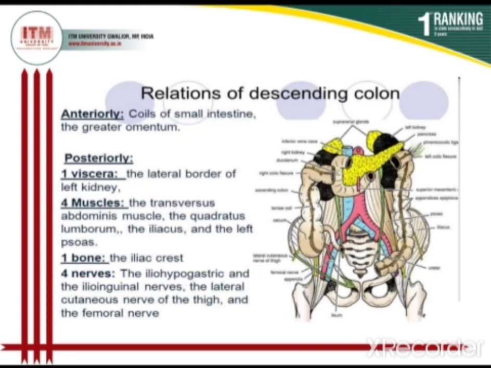And the nerves are the iliohypogastric, ilioinguinal nerves, lateral cutaneous nerve of the thigh, and the femoral nerve. So these are the various anterior and posterior relations of the descending colon.